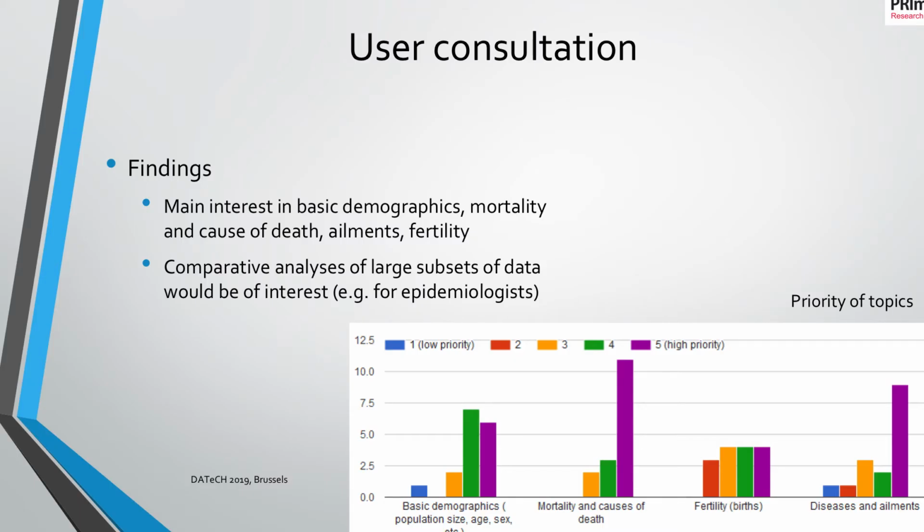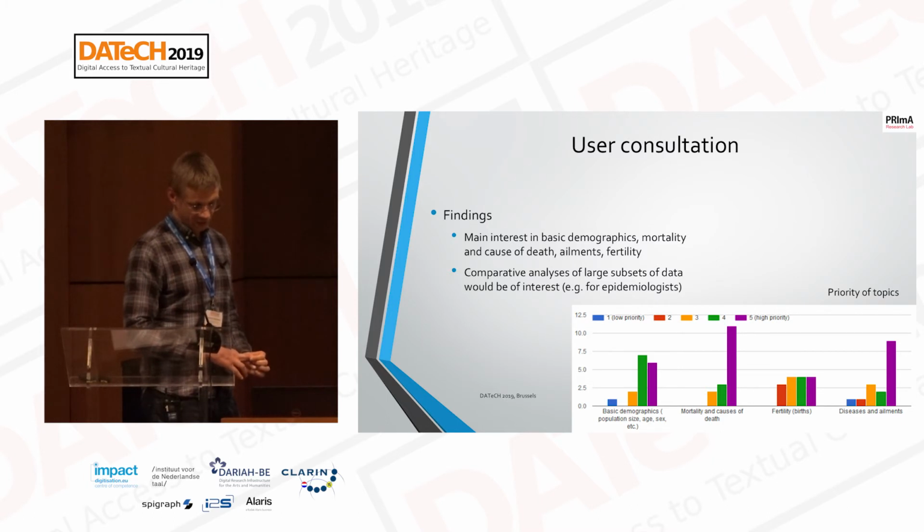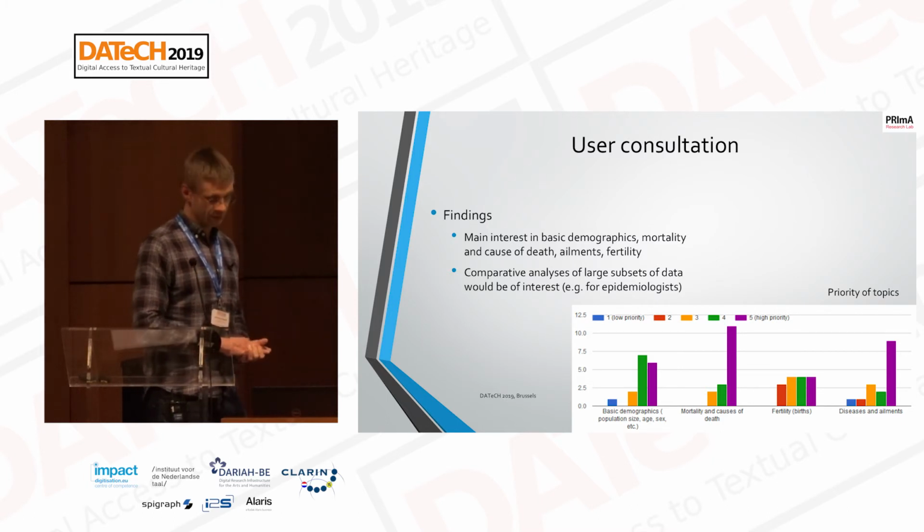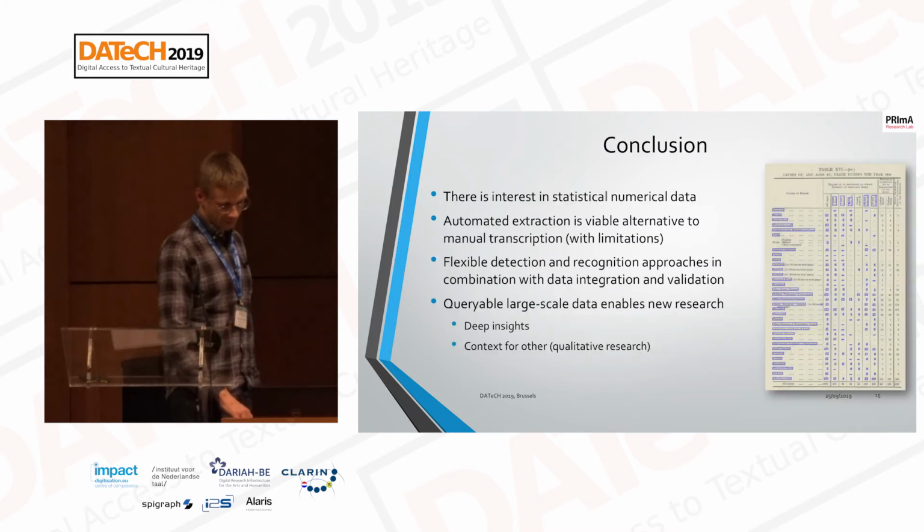The most interested would be, again, demographics, mortality, and also ailments in general, and fertility. Also, some researchers were interested in how diseases spread over time and over geography, right? And this kind of data would allow this sort of research.